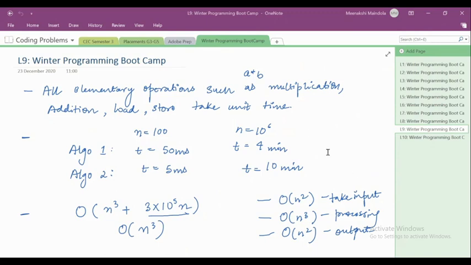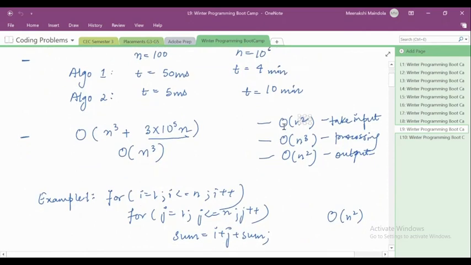Okay, so yesterday we looked into time complexity first, and we said that all elementary operations, such as multiplication, addition, load, or store, are going to take unit time, right? And then we talked about what kind of algorithm is an ideal algorithm in consideration of time complexity.